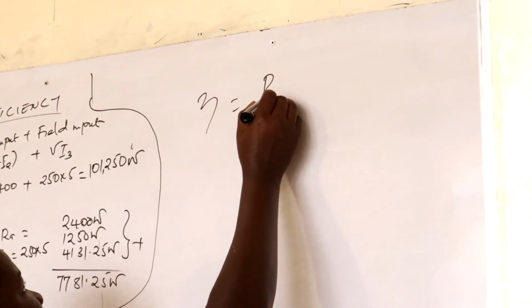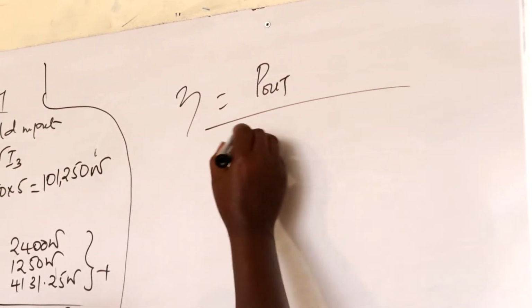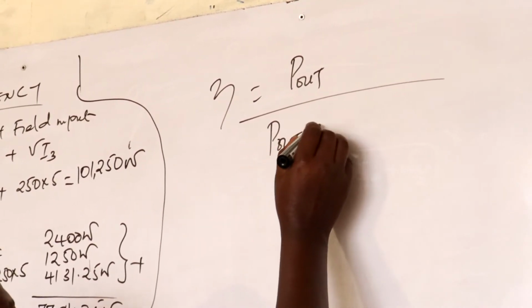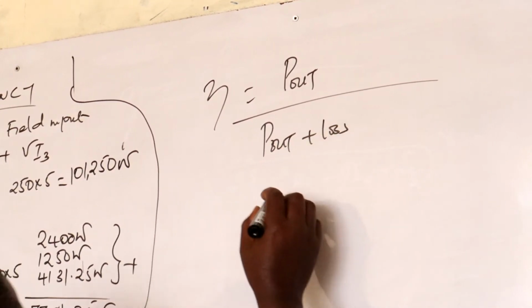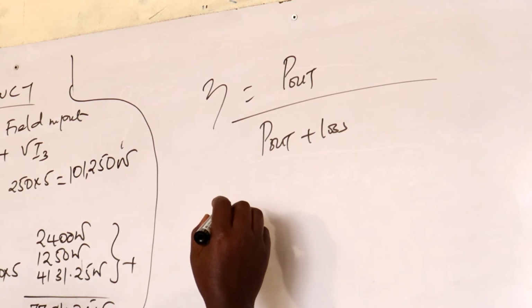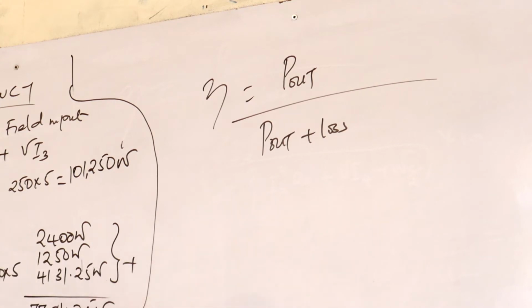And therefore efficiency is P out over P out plus loss. What was 250 times 350? 87,500.